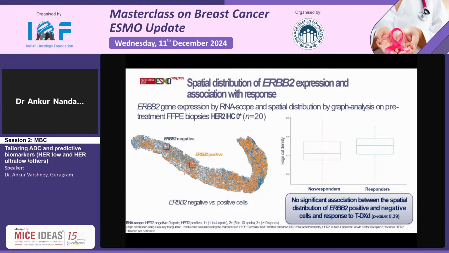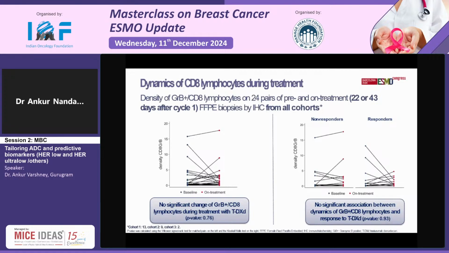There was no significant association between the distribution of ERBB2 positive and negative cells and response to trastuzumab deruxtecan in this patient population. Again, looking at the role of the immune mechanism, the density of granzyme B and CD8 lymphocytes was studied, and there was no significant change during treatment with trastuzumab deruxtecan, and no significant association with the response.